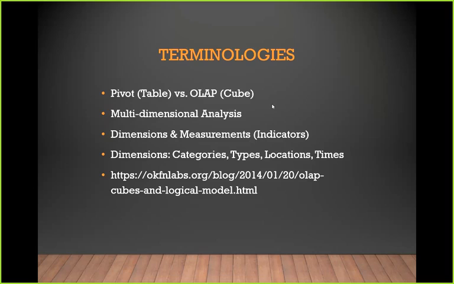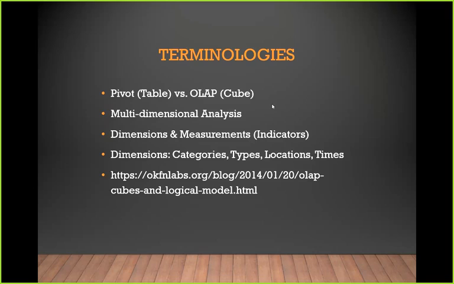But I believe all of you are familiar with the technology we use in spreadsheets called pivot table or pivot chart, right? One of those two. The main difference between pivot table and OLAP is that OLAP has another name: we call it multi-dimensional analysis. Pivot is presented in a tabular format, so what you are seeing here, every table has two dimensions.